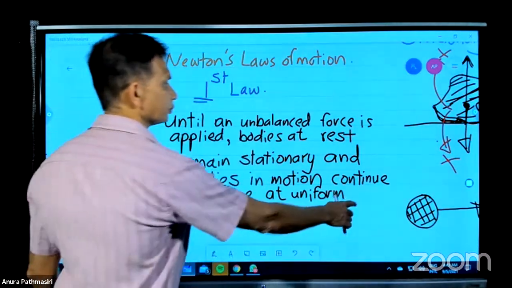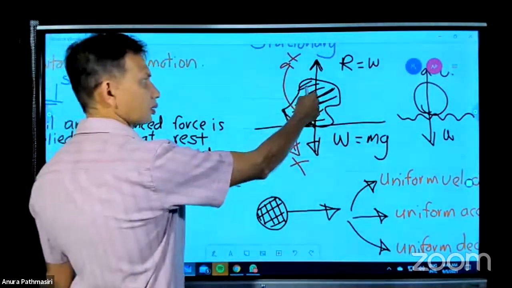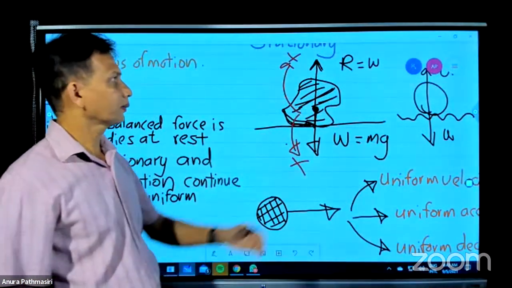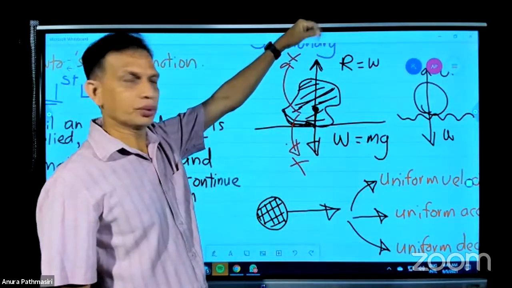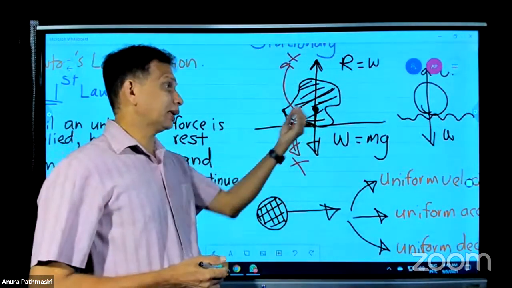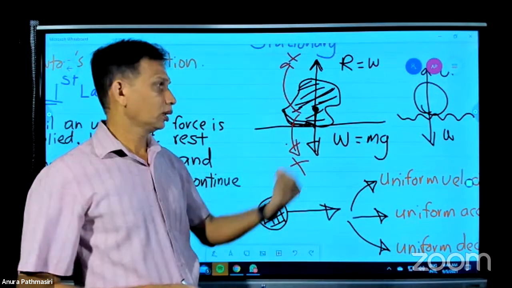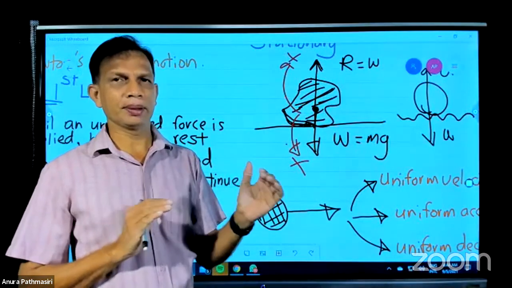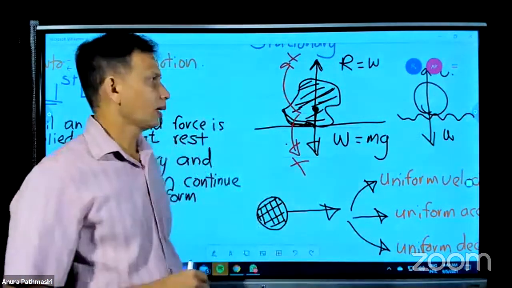Now, bodies at rest remain stationary because they have an upward force and a downward force. So does it mean it does not have force? No, it has two forces, but they maintain their equilibrium, meaning both forces are the same.